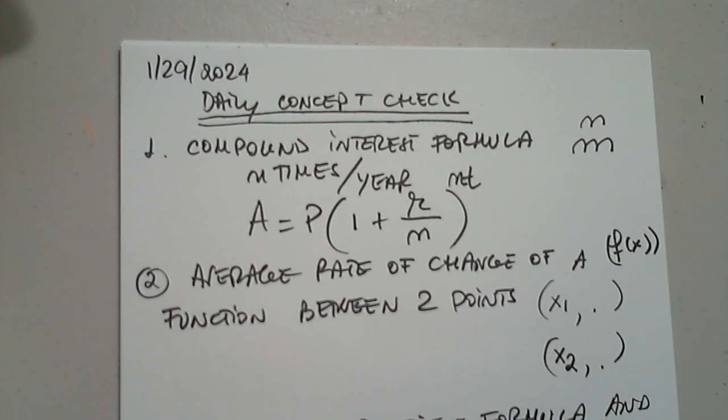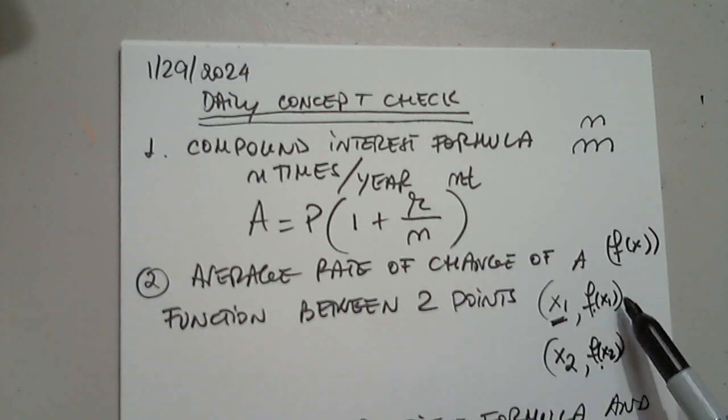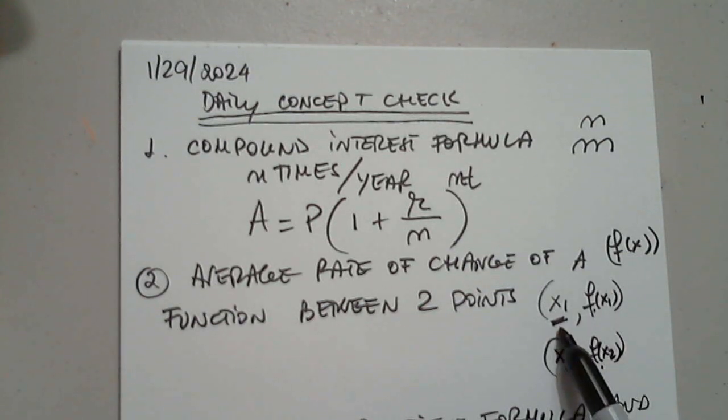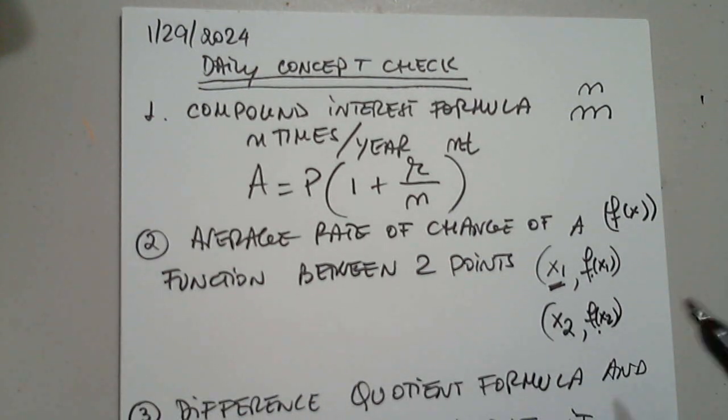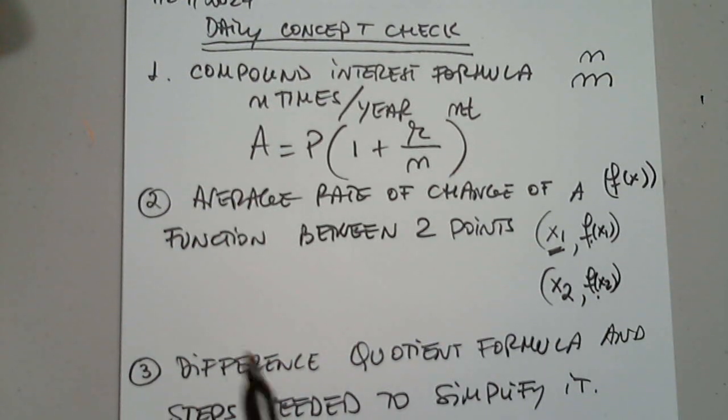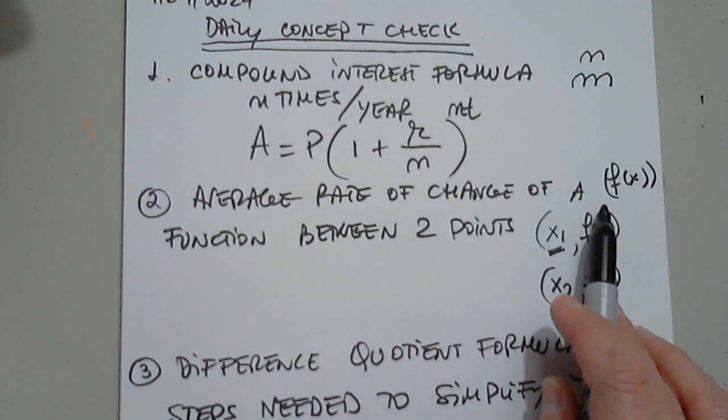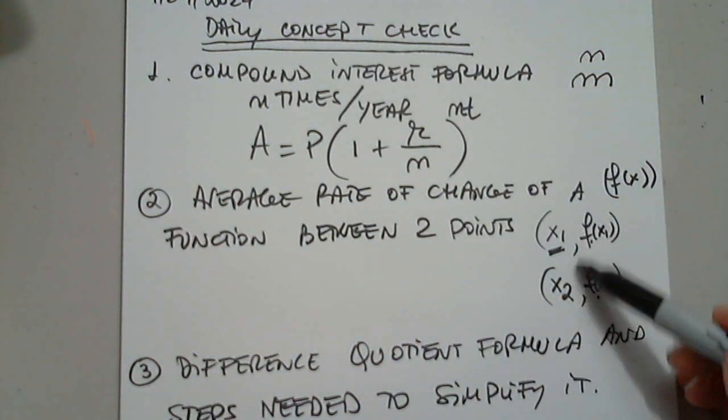F of x1 and of course f of x2. If this is x1, this must be the function value at x1. If this is x2, this must be the function value at x2.